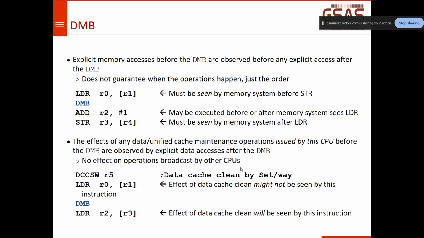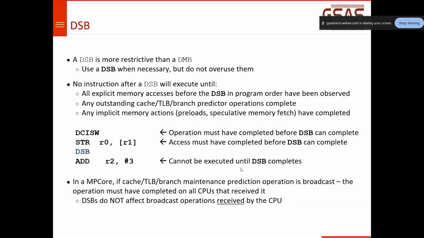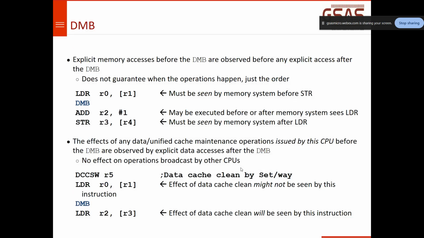So let's see now the scenario of DMB. This is just an example. Here you can see LDR R0, [R1]. This first instruction, LDR, will load the contents of the memory pointed to by the register R1 into R0. The DMB instruction ensures that this reading of the data from the memory completes successfully.